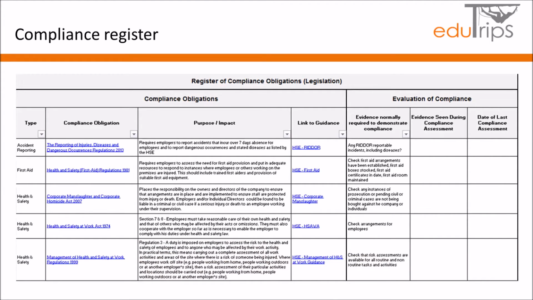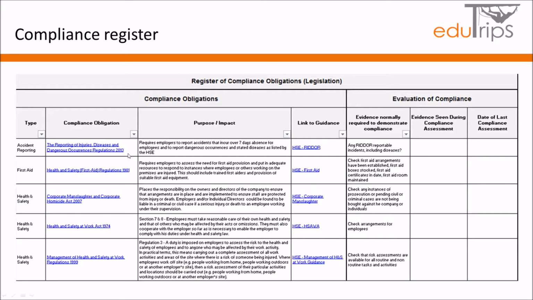So it's always useful to be able to identify what the applicable legislation and regulation is. And this is one of our documents that we use within our Edutrips system as a source of reference. And it's just got some examples here on some of the applicable legislation.